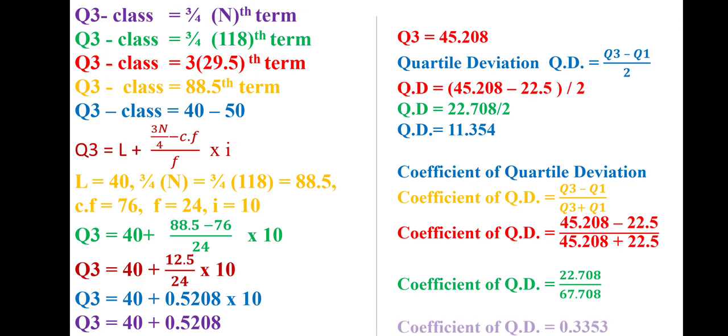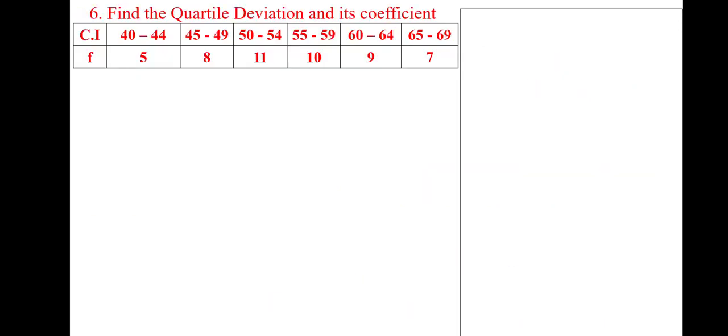If you simplify this, you will get 0.3353. This is the way we can find out quartile deviation. Quartile deviation, what you have to find? First Q1, Q3, then quartile deviation, then coefficient of quartile deviation. Then we will take another problem.